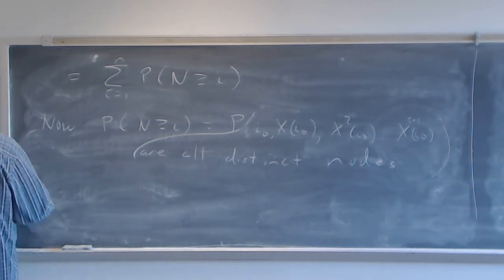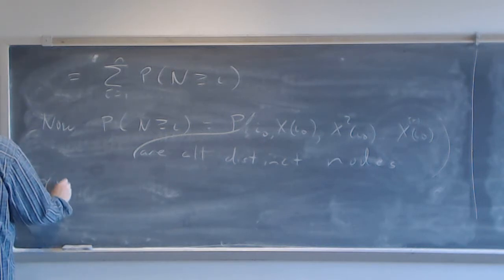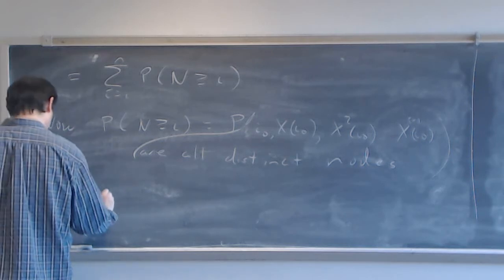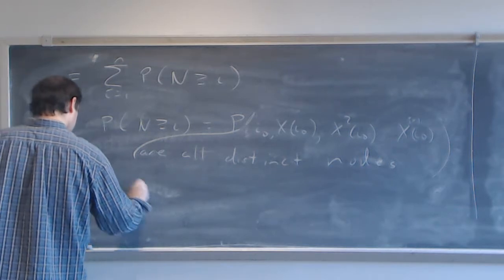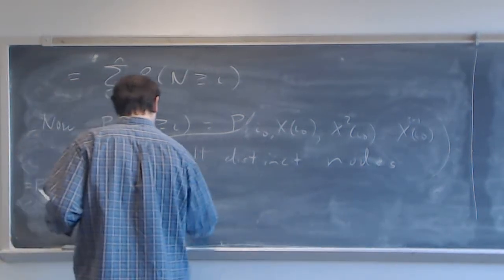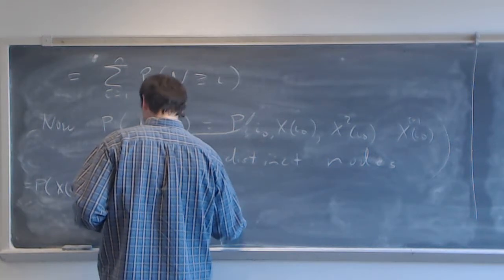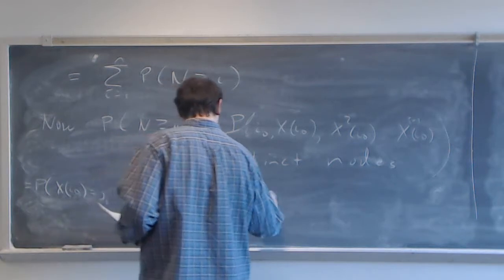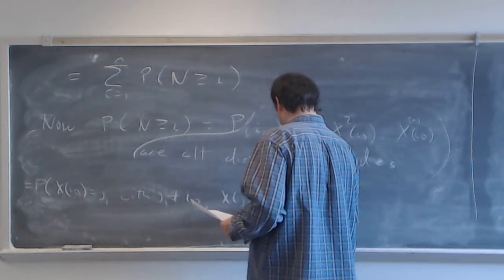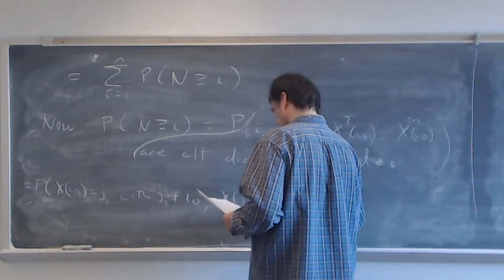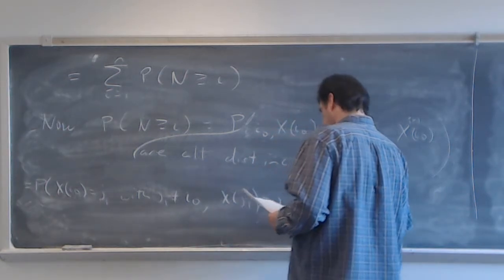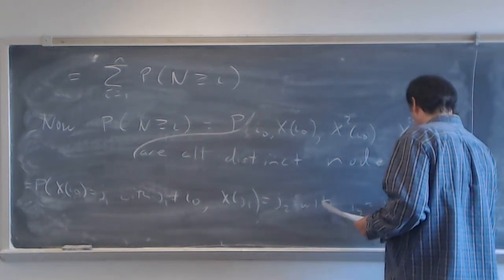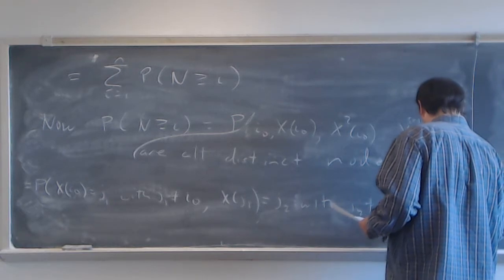So what does that mean? That means it's equal to the probability that x sub I sub naught equals some node, we call it j sub 1, with j sub 1 being different than I sub naught. x squared, or x of j sub 1, then has to be equal to something called j sub 2, with j sub 2 being different than j sub 1 and j sub 2 being different than I sub naught.